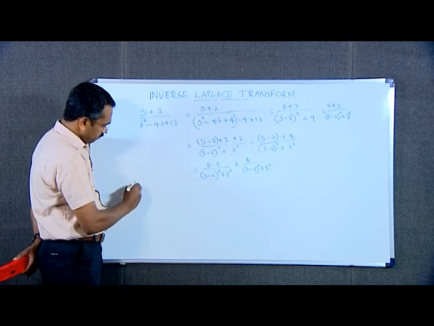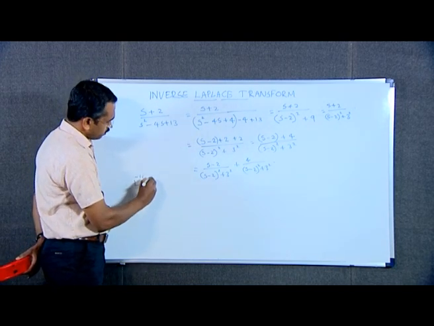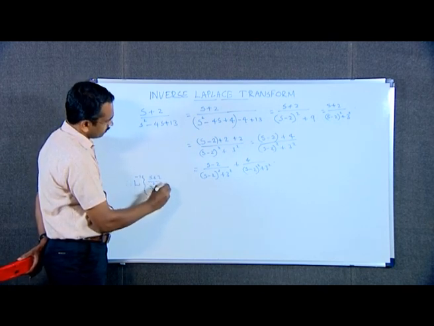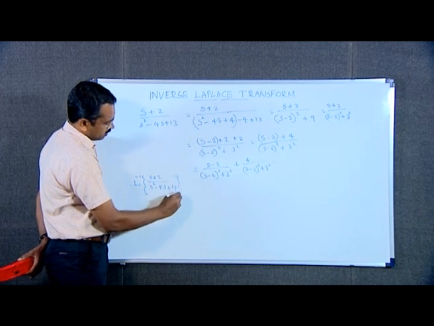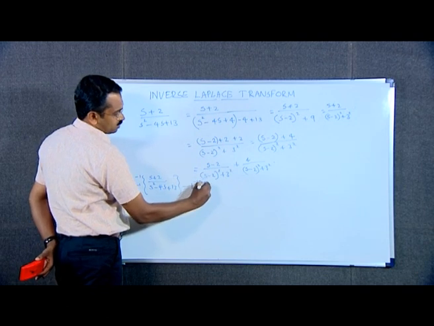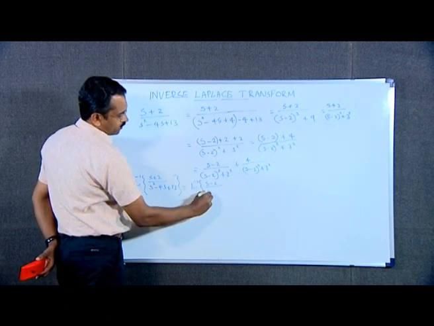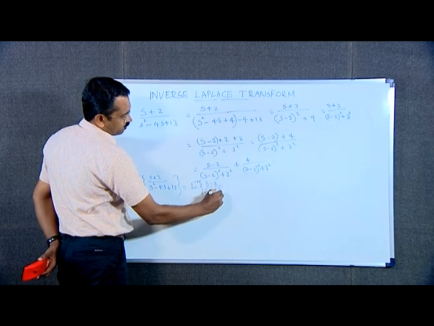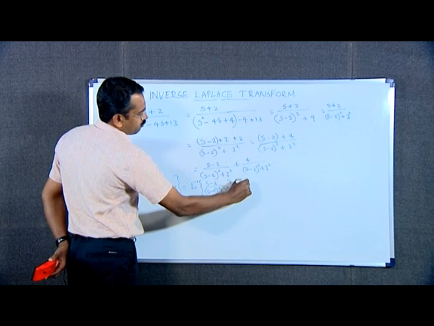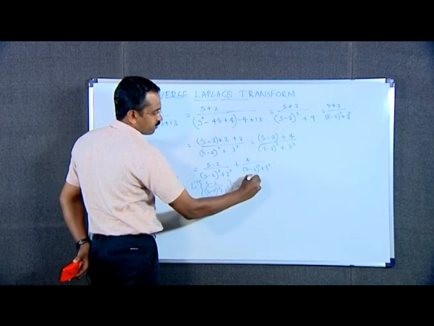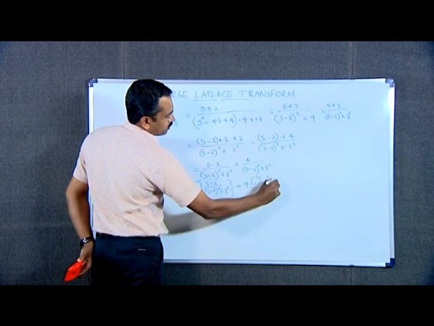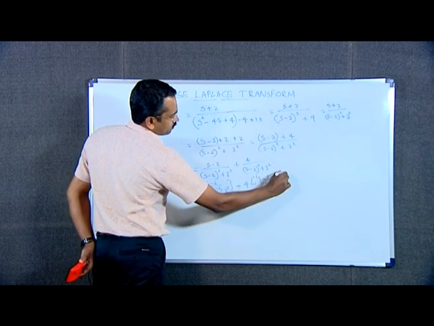Therefore, L inverse of s plus 2 divided by s square minus 4s plus 13 is equal to L inverse of s minus 2 divided by s minus 2 square plus 3 square plus 4 times L inverse of 1 by s minus 2 the whole square plus 3 square.